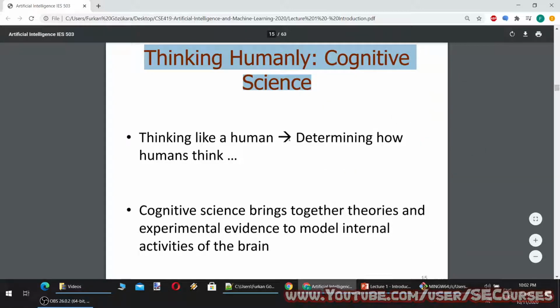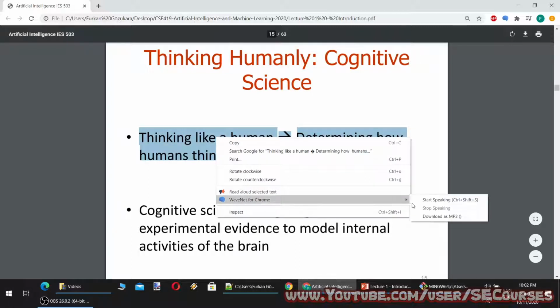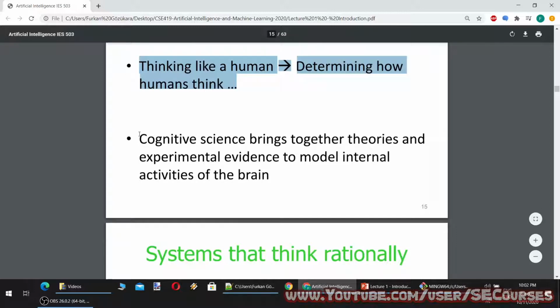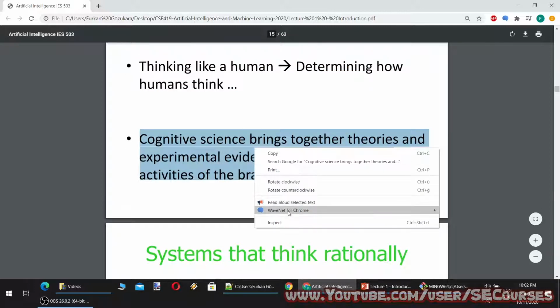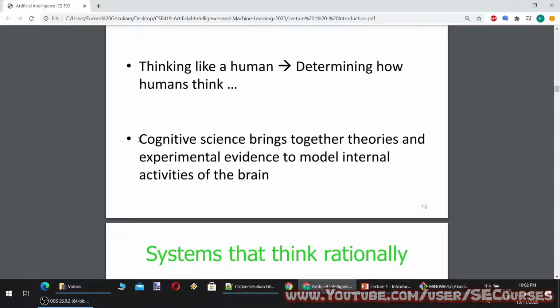Thinking humanly, cognitive science. Thinking like a human, determining how humans think. Cognitive science brings together theories and experimental evidence to model internal activities of the brain. So the aim of cognitive science is using the same model of our brain.